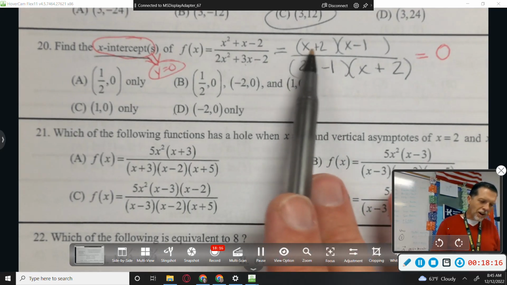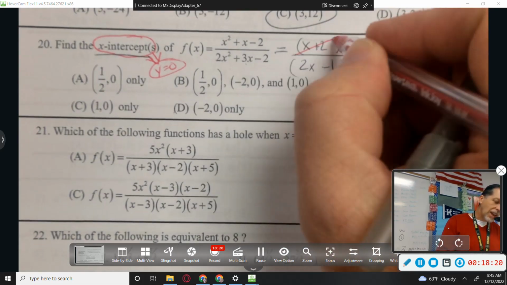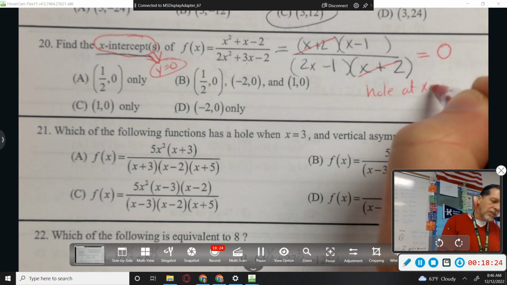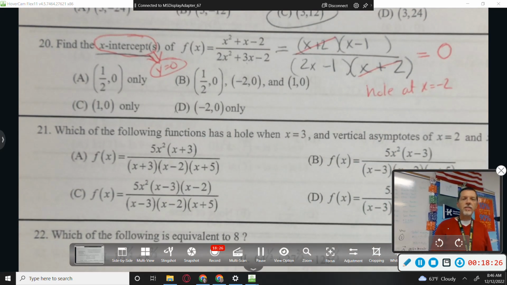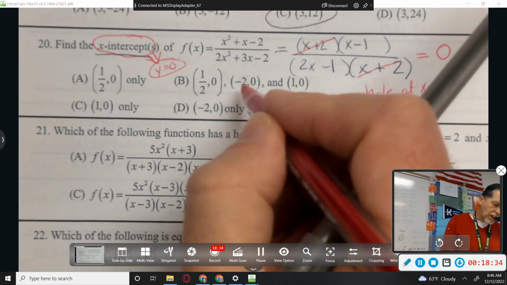But I need to be careful here. What about this x plus 2? What's going on there? They can cancel, so there's a hole at x equals negative 2. There is not an x-intercept. You can't be both. You're either a hole or an x-intercept. So it's a hole. So all those negative 2's are not right.